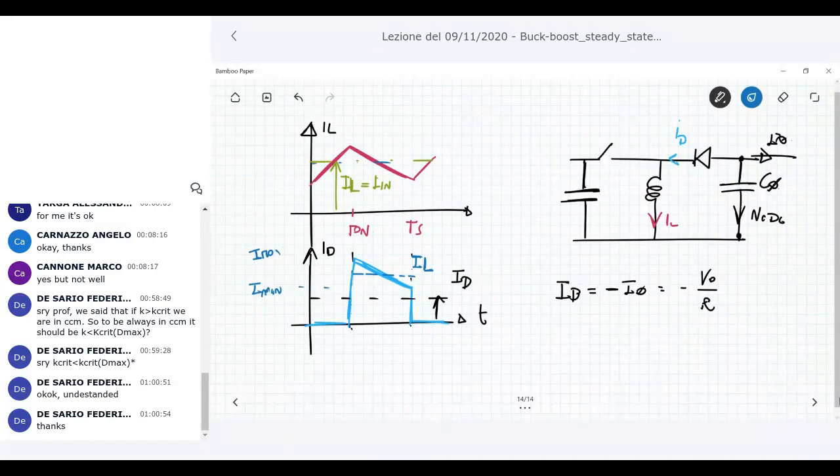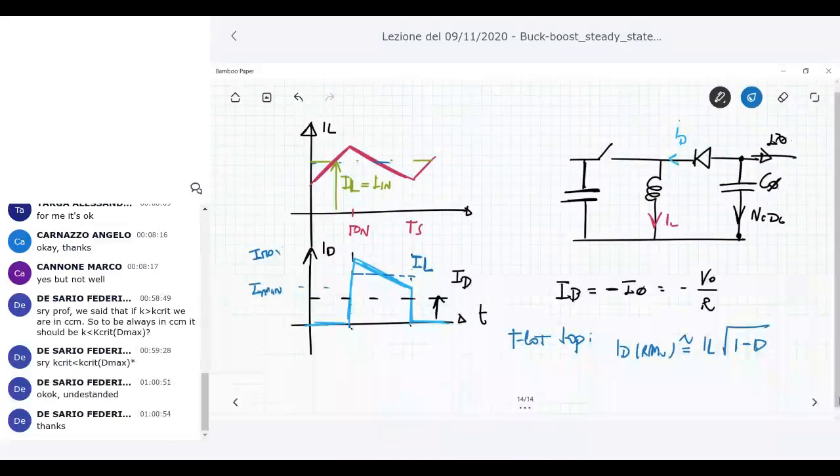So I can approximate the ID current not as a trapezoid, but as a rectangle. And so by flat top approximation, I can say that ID root mean square is about IL average value multiplied by the square root of 1 minus d. Okay?